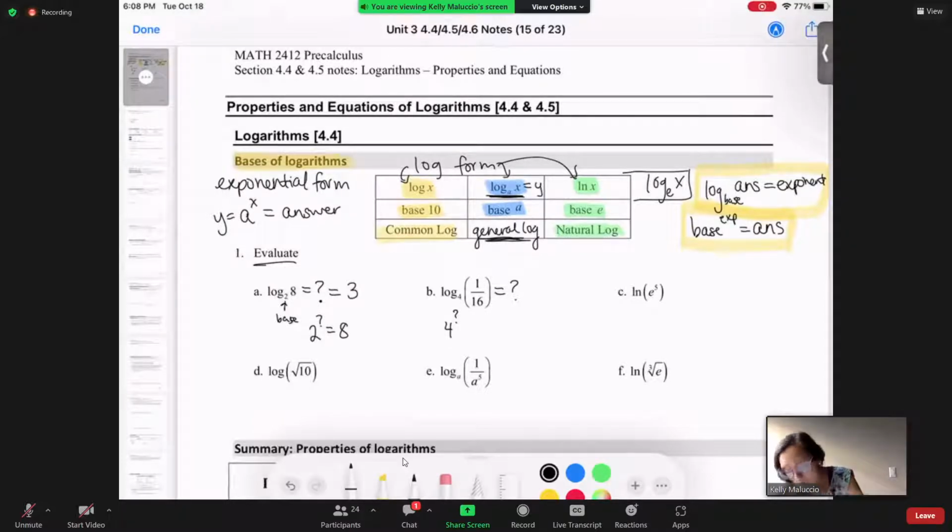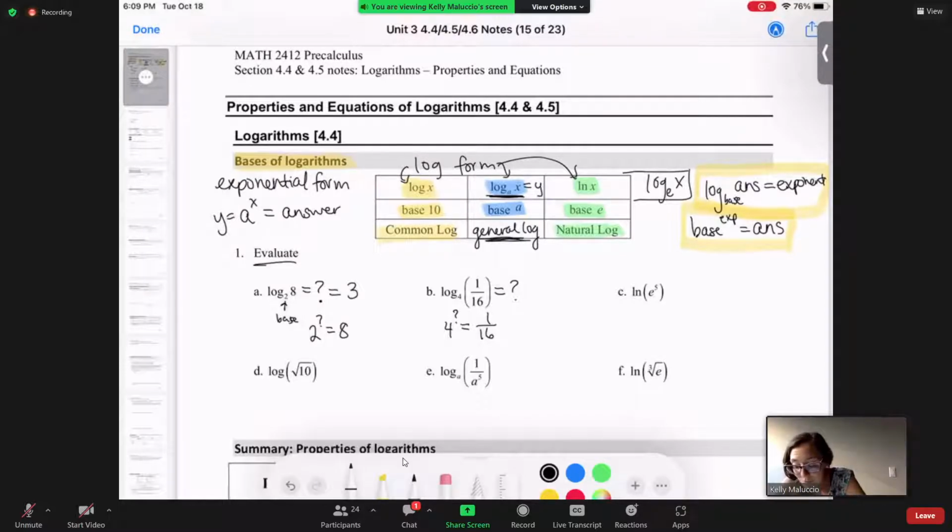Okay. What I was saying was if you don't like the question mark, then just write Y or some variable, right? That's fine. But 4 to what power is 1/16? Now I see a fraction and I know that means the power just has to be negative.